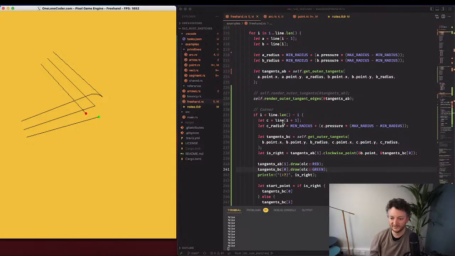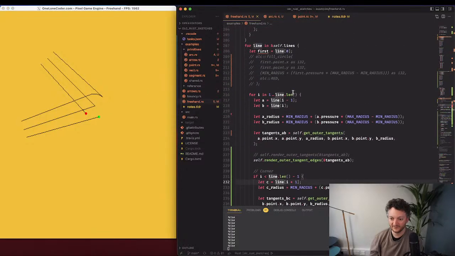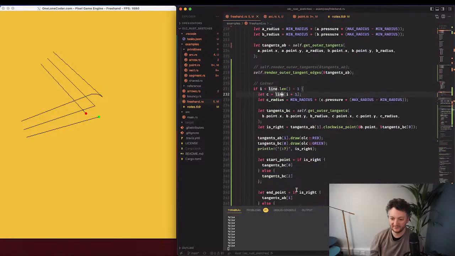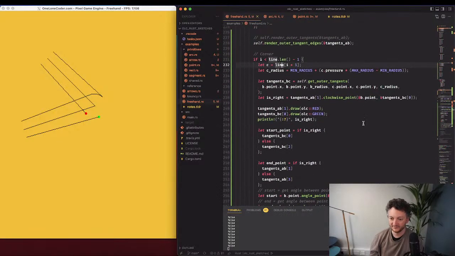Maybe it's not one that I'm comparing against. Okay, AB1. Okay, this is 1. BC, I would expect BC1 to be down here. No.